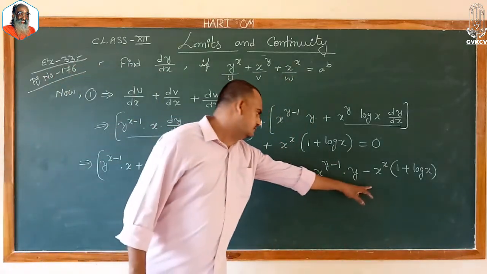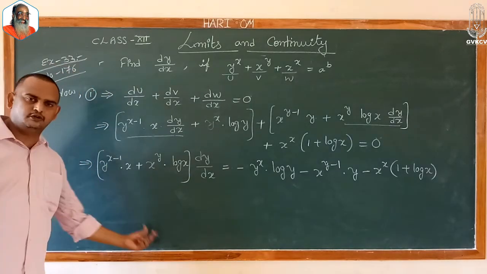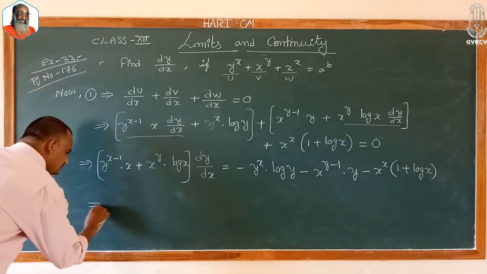Now, from all these terms, I can take minus common, and this is the multiplication, goes that side, division.